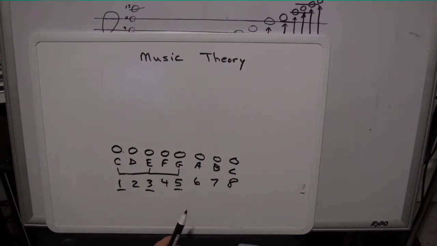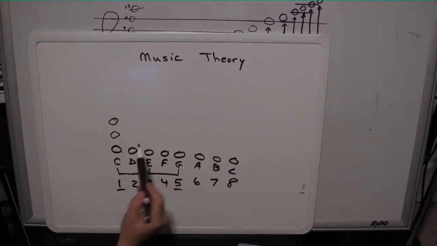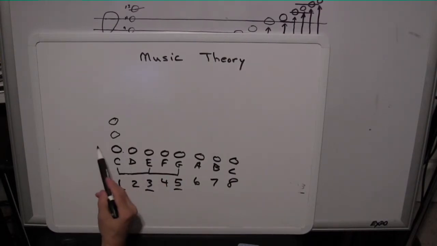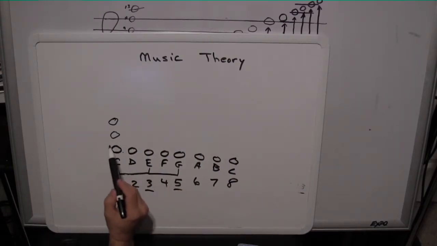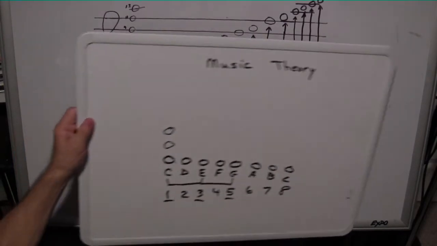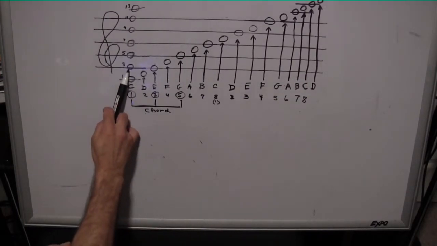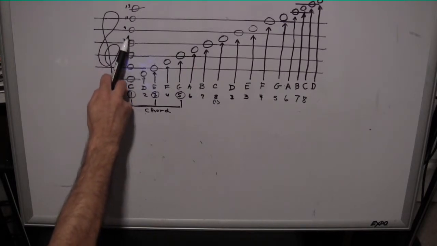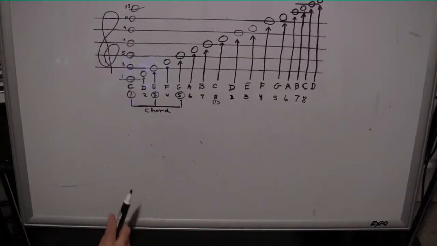Okay, so now that we've got chords, and we figured that we stack thirds. If we had a musical staff, like this one here, that shows us middle C, D, E, F, G, A, B, C, D, E, F, and then G, and then A is that last circle up there.